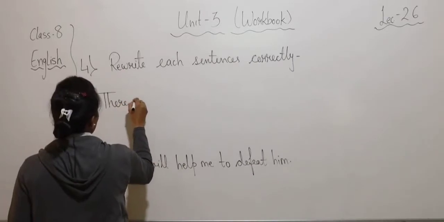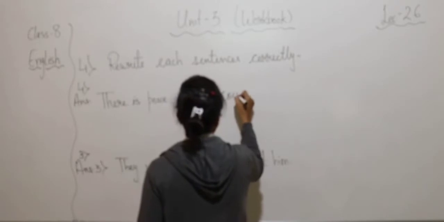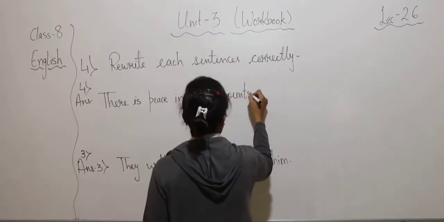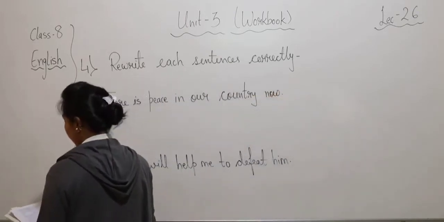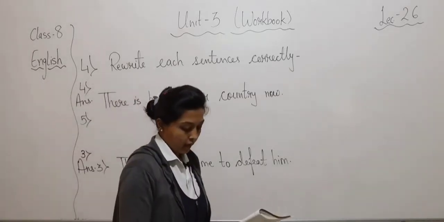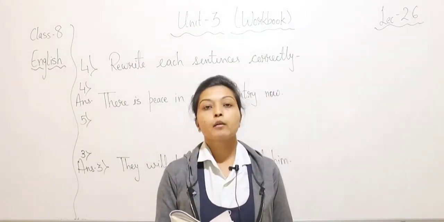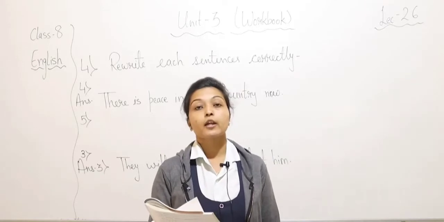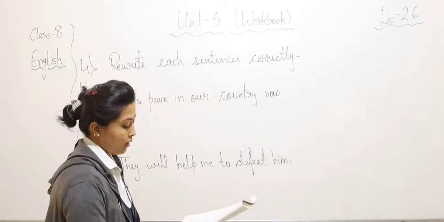There is peace in our country now. Then after 5, there was a violence outbreak at Meerut. Write down.